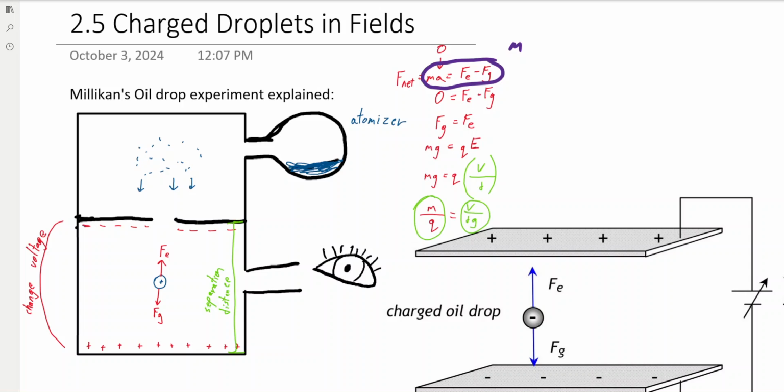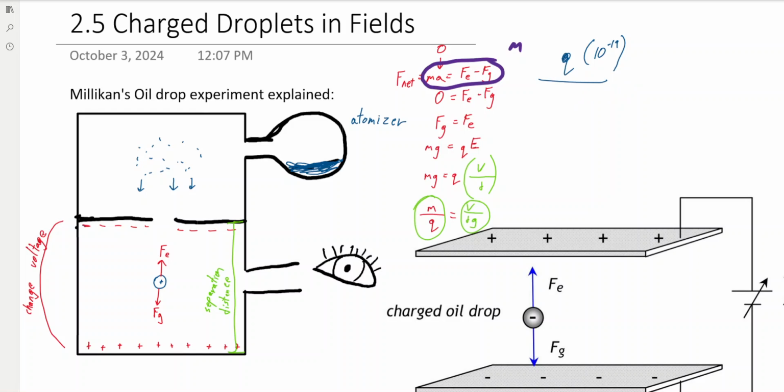So basically, at the end of all this, Millikan finds out a bunch of different answers for charges. Now, these charges are not one electron. Okay, 1 electron is 1.6 times 10 to the negative 19. That's 1 electron, okay? But what he ends up finding is a bunch of other charges.